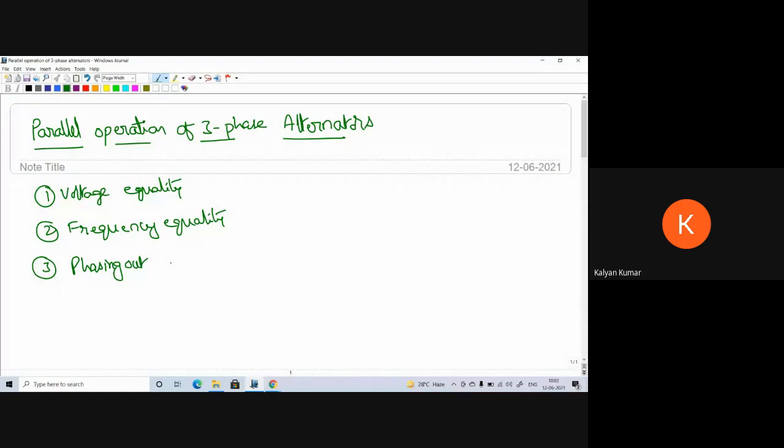And in case of three phase, phase sequence should be the same.